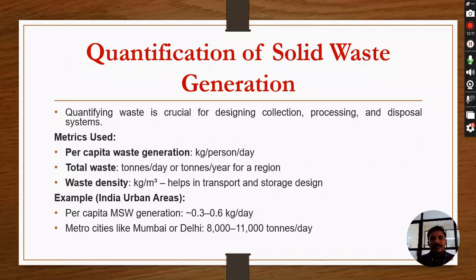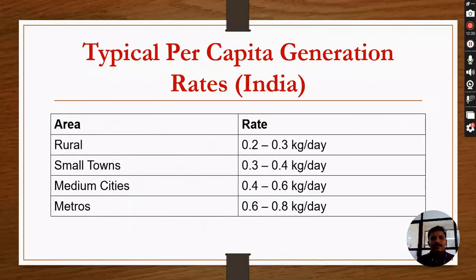Example, in Indian urban areas the per capita solid waste generation is 0.3 to 0.6 kg per day. Metro cities like Mumbai or Delhi generate 8,000 to 11,000 tons per day.